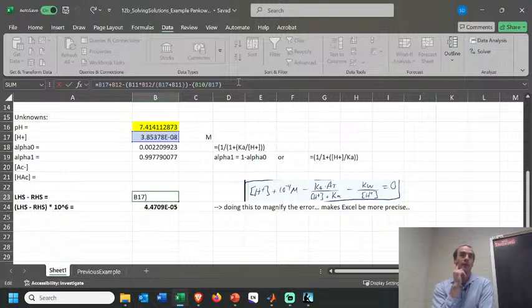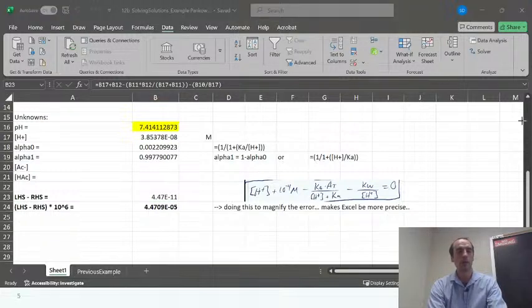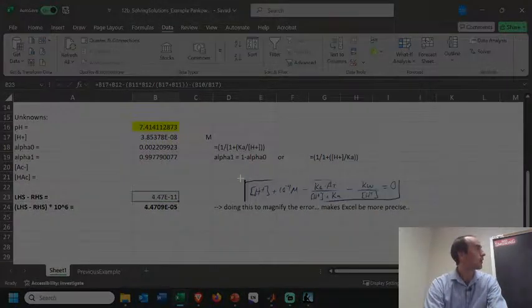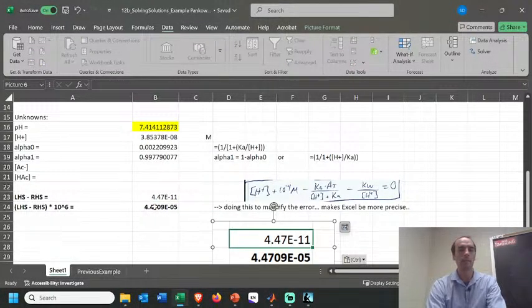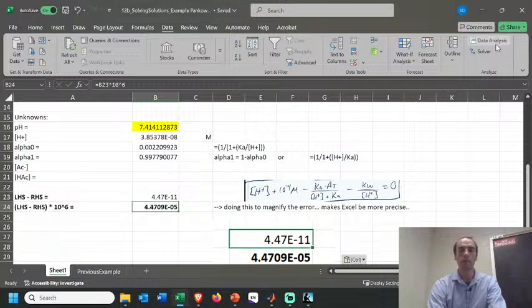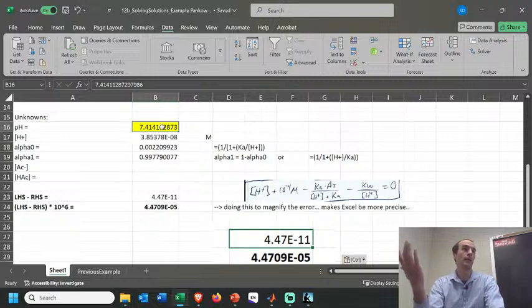Well, Excel does make different guesses, but I'm a little surprised that they're that far off on the left-hand side. Each time we do this, so if you watch, this is what I'm going to do real quick: I'm going to copy this so that we can watch what happens when I do it a second time. I'm going to go back to solver. Well, first I'm going to make a new guess. That might be part of it, whatever the value was starting at might be our starting guess.